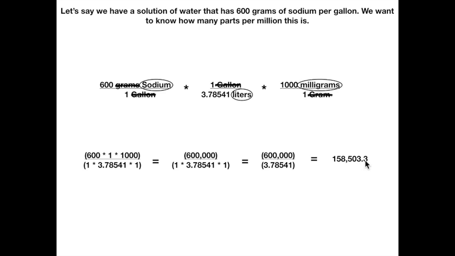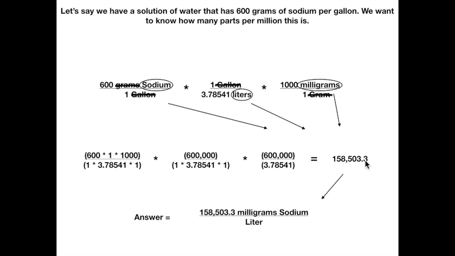Now I'm going to check out my units. I'm going to carry those over, and that gives us our answer of 158,503.3 milligrams of sodium per liter. So that's how many parts per million we have, and that answers our question.